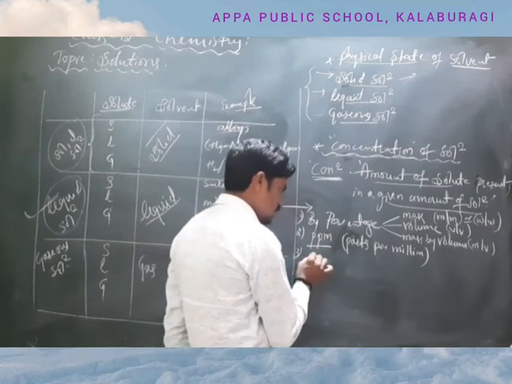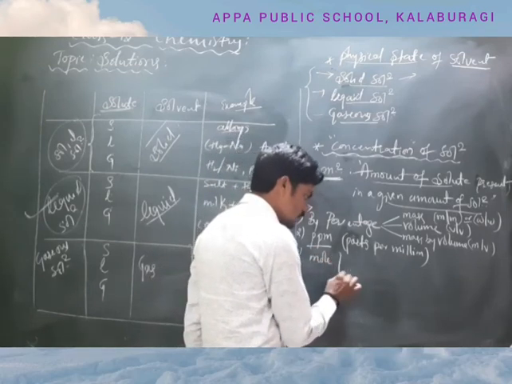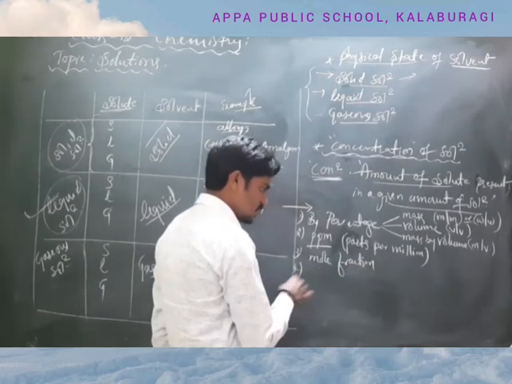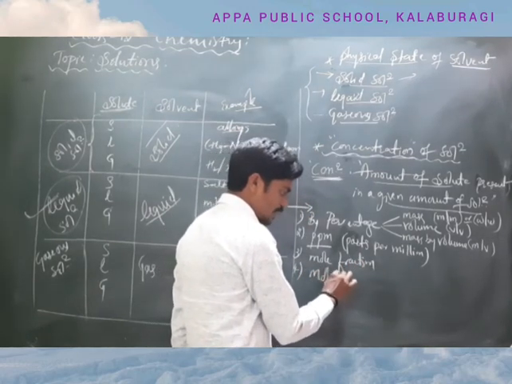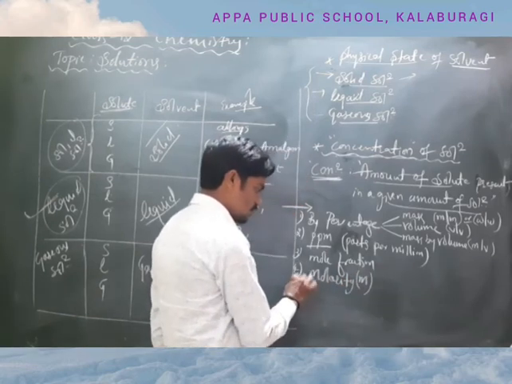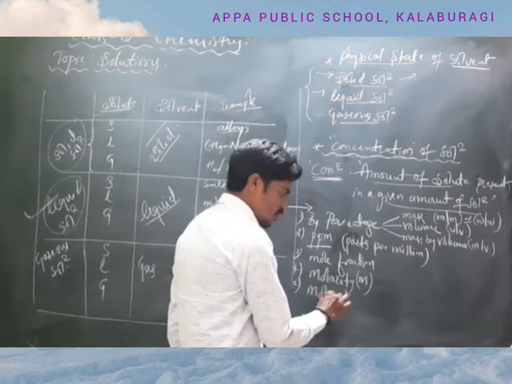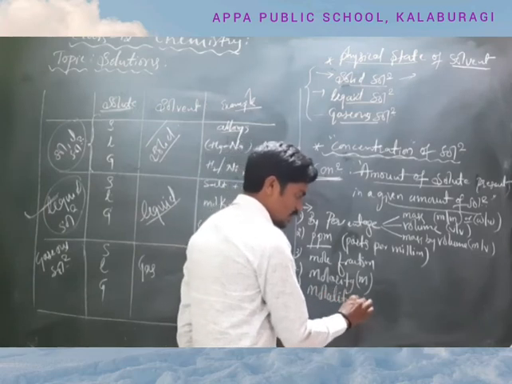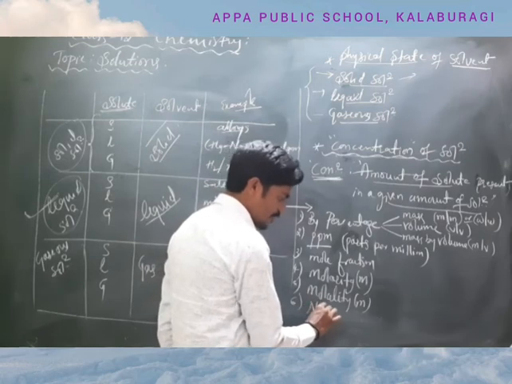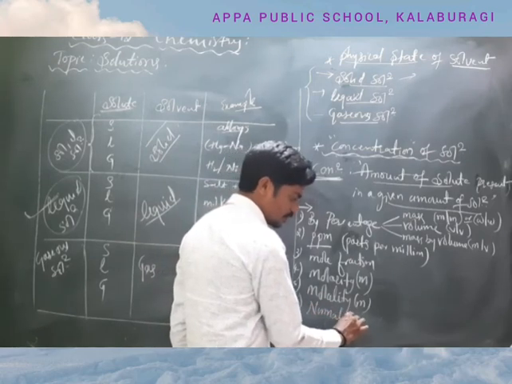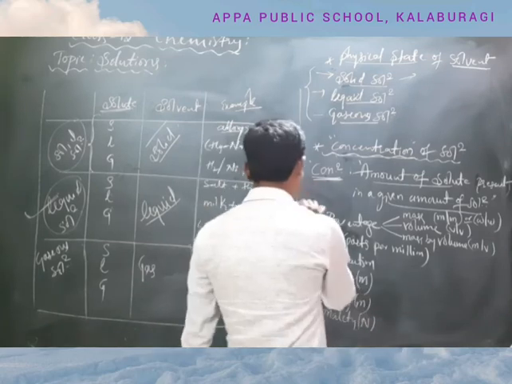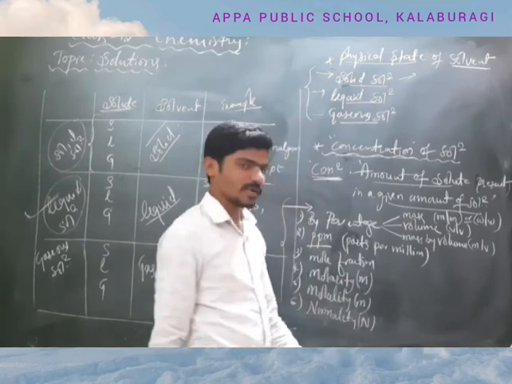The next one is mole fraction. Fourth one is molarity, capital M. Fifth one is molality, small m. Sixth one is normality, even formality.